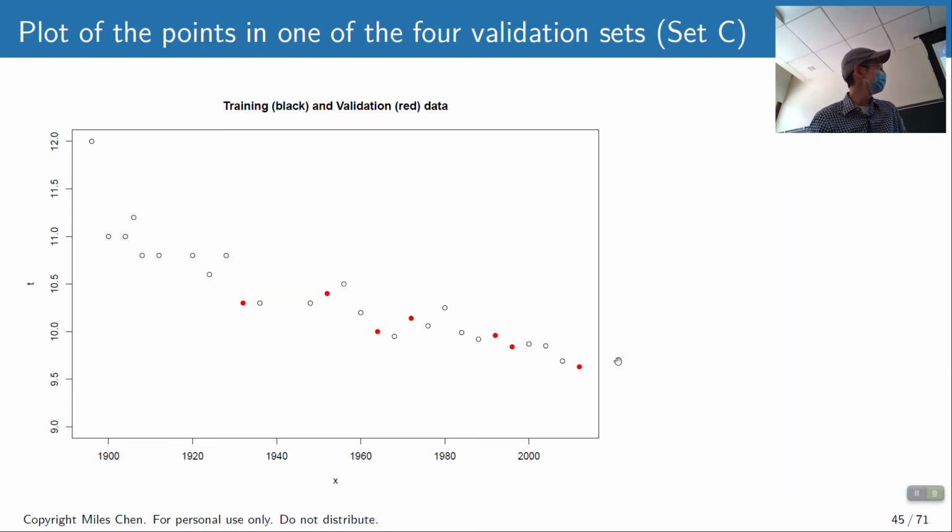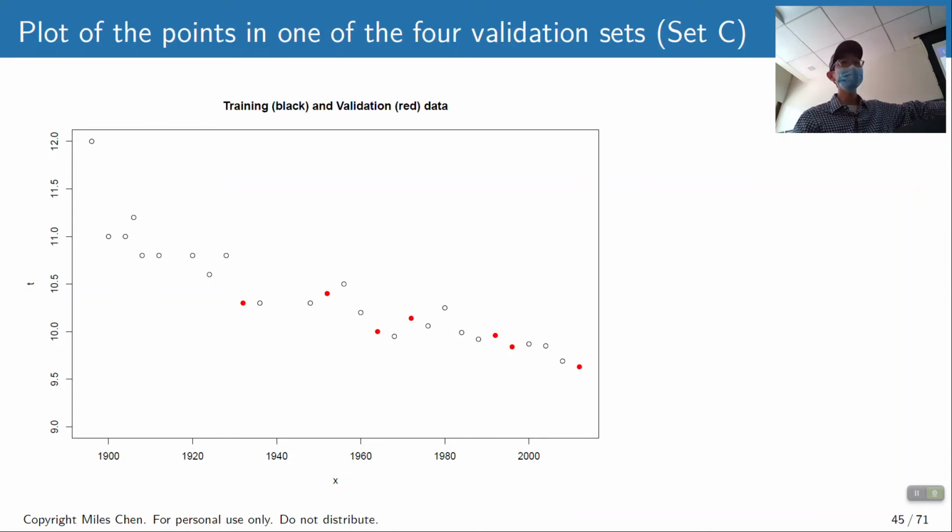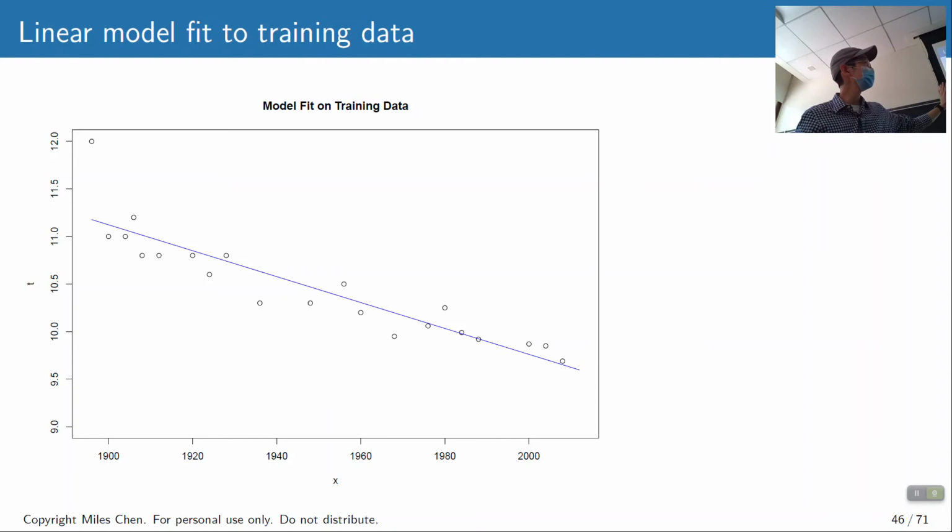The full data set has 28 points, and just by random chance, these 7 dots in red are the validation points for set C. So we remove these red dots, and on the remaining 21 points, we fit a linear model.